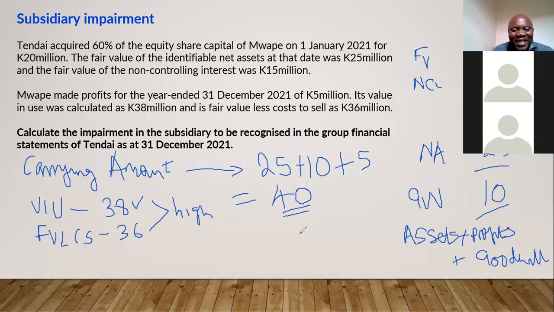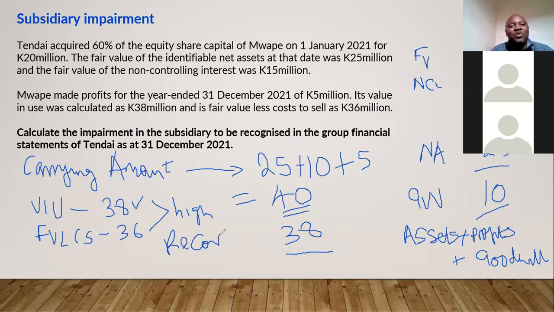But what is sitting in your balance sheet is 40. Yet it was supposed to be 38, meaning that your carrying amount is higher than the value in use. When you pick the higher of the two, this is what you call the recoverable amount.